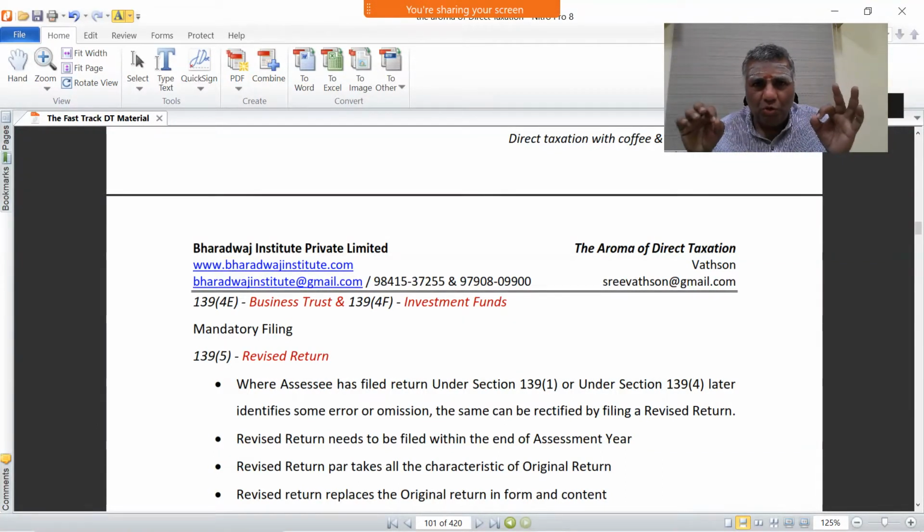Then comes what is popularly known as a revised return. I filed a return under 139(1), the normal return, or 139(4), the belated return, and later found that some errors are there in my return.